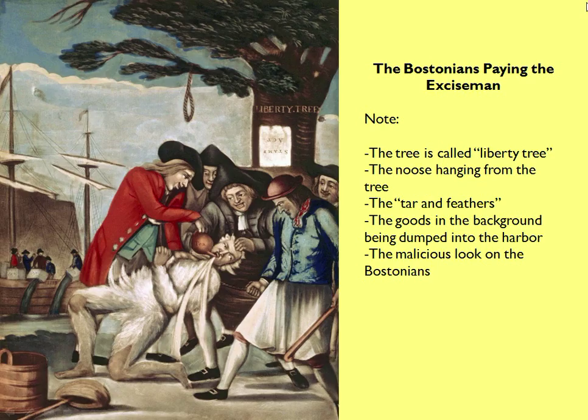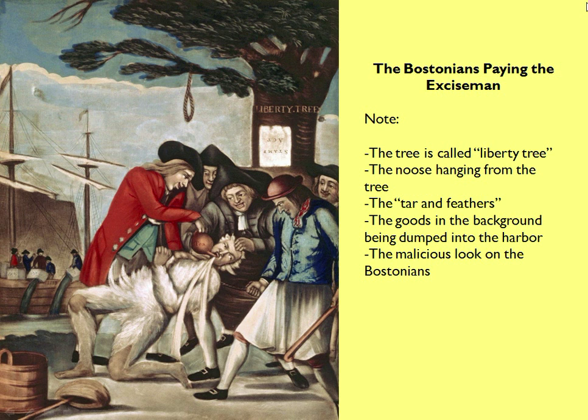So you cover the person in this sticky black goo, and then throw feathers onto them, and then you parade them through the streets, and people jeer and yell at the person. It's an extremely humiliating event to do this to a person.